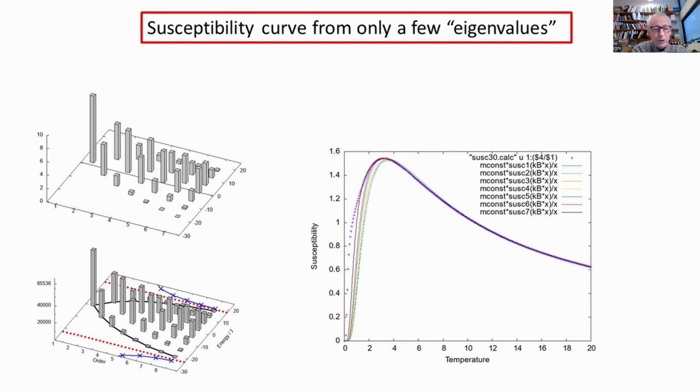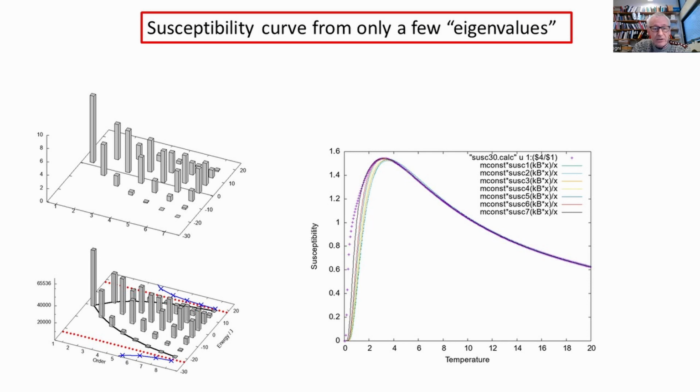Now we should use the density of states at the bottom and the density of Curie constants to compute a susceptibility curve, and see that actually already at order 1 we capture the maximum of the susceptibility curve, and increasing the orders it gets even better.